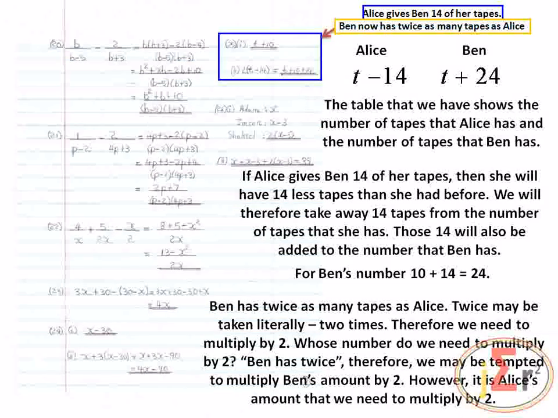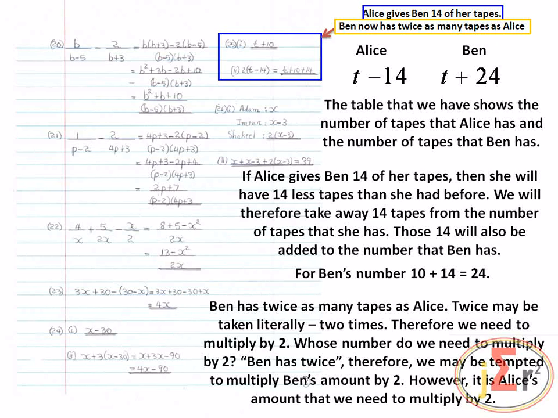Therefore, we need to multiply by 2. Question is, whose number do we need to multiply by 2? We may be tempted to multiply Ben's amount by 2. However, it is Alice's number of tapes that we need to multiply by 2.